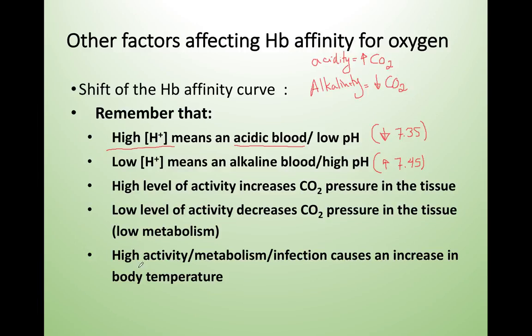And again, high metabolism or high activity of your body, changes such as infection or increase in body temperature are also going to be very similar to symptoms of having high CO2. Because this is how I want you guys to connect it: high metabolism means you're going to produce CO2 at a higher level, which means your blood is going to become acidic.